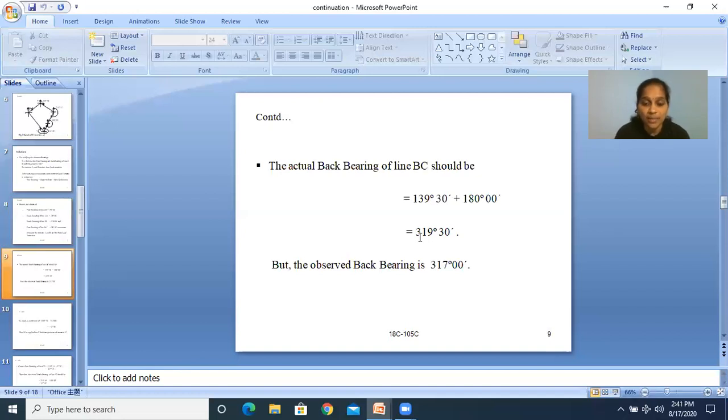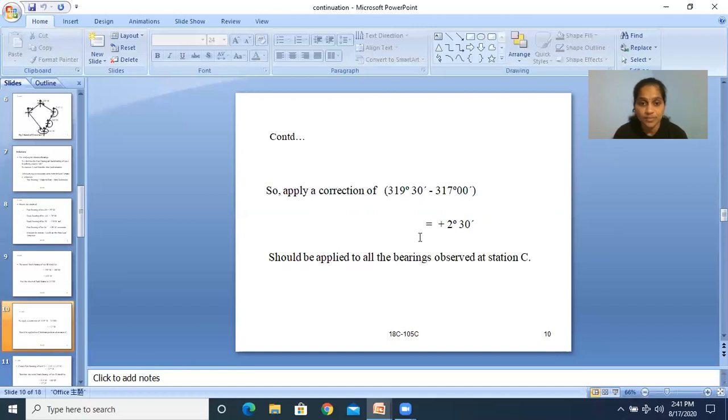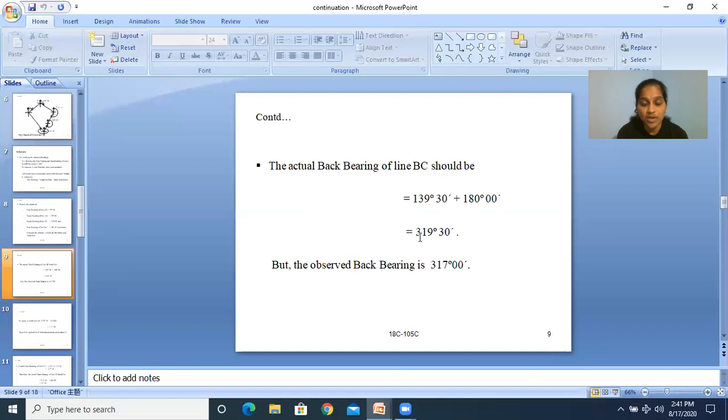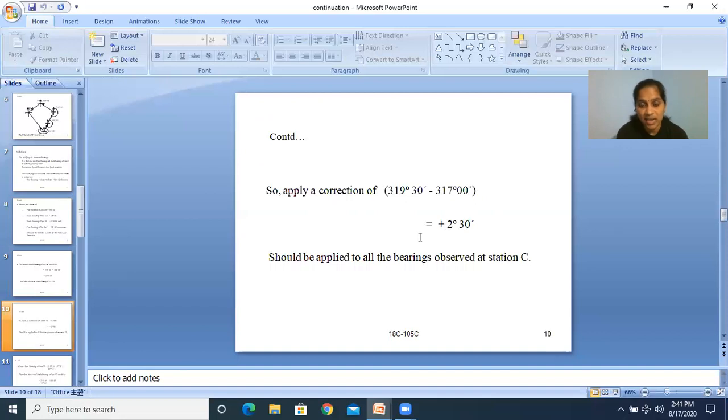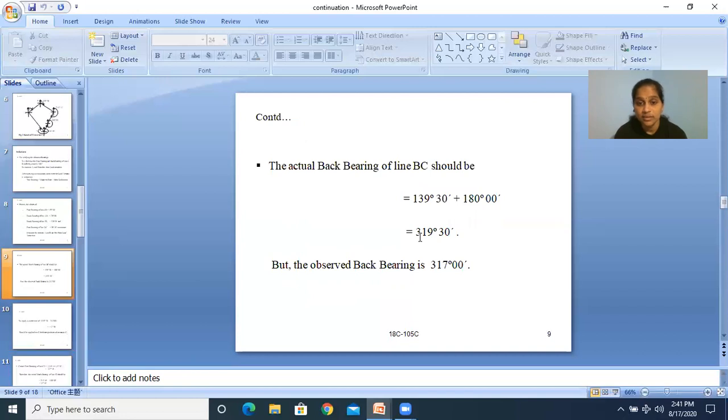But the observed back bearing of line BC is 317 degrees. So the error is equal to observed bearing minus actual bearing. Formula: observed bearing minus actual bearing. 317 degrees 00 minutes minus 319 degrees 30 minutes.